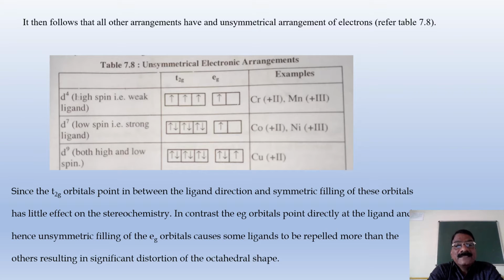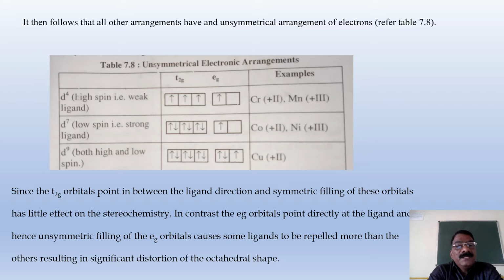Then the d9 system, in both high spin or low spin, that is either strong field or weak field. See t2g6 and eg3. Here the t2g orbitals are symmetrically filled but the eg orbitals are unsymmetrically filled. In the eg orbitals, one orbital has 2 electrons and the second orbital has 1 electron. So it is an unsymmetrical situation, and with these configurations and respective fields we have distorted octahedral geometry.